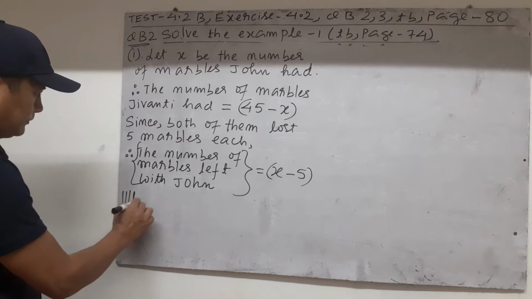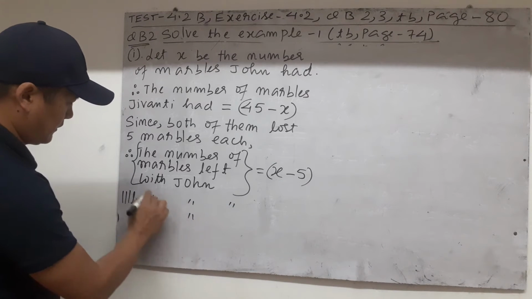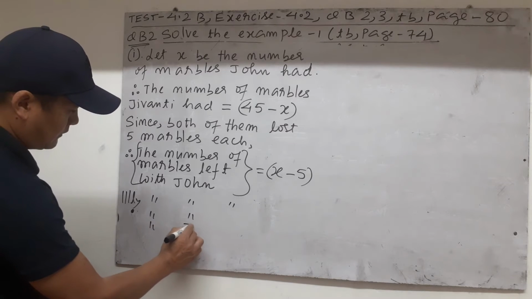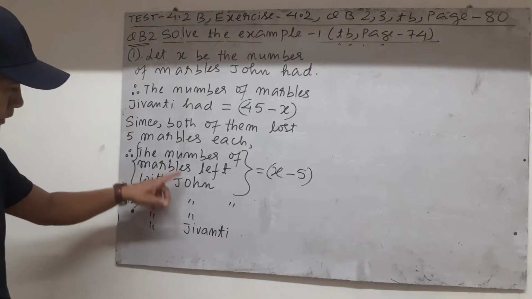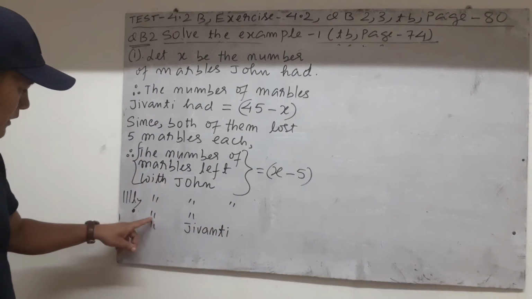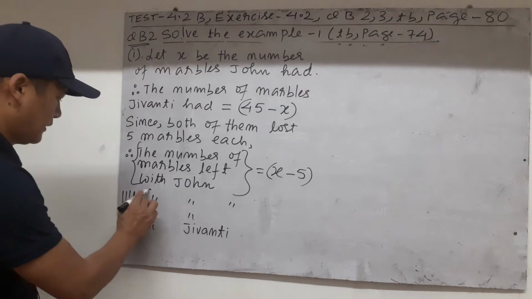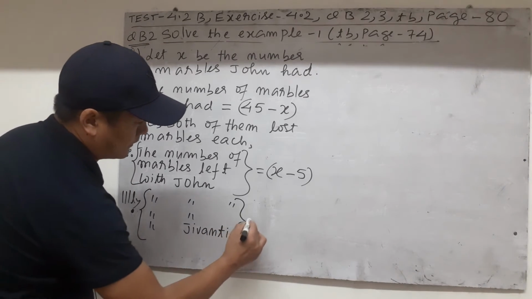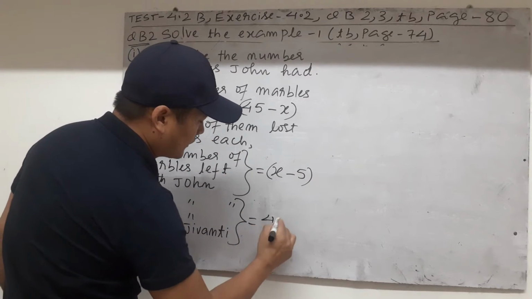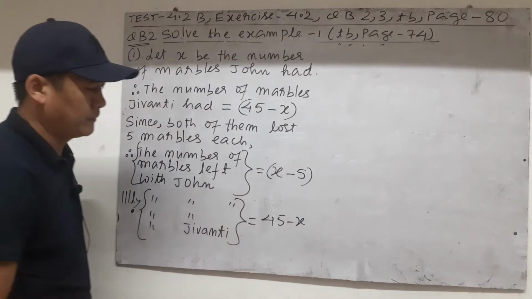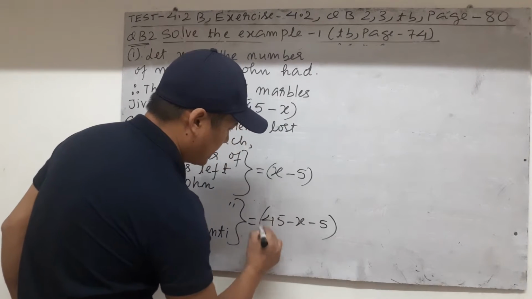Similarly, the number of marbles left with Giovanni. I hope you're getting it. The number of marbles left with, instead of John, Giovanni, will be equal to, before Giovanni lost any, the original was 45 minus X. Also after he lost 5 again, he'll be minus 5, so this is the one.